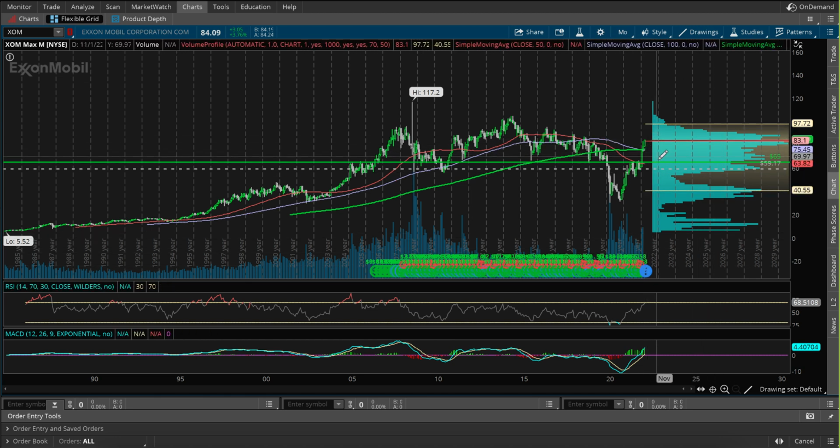Now, what about the person on the other side of that transaction? The person that I paid 10 cents to for each contract would have received that 10 cents per contract up front. And there's a few scenarios where the action would be different.